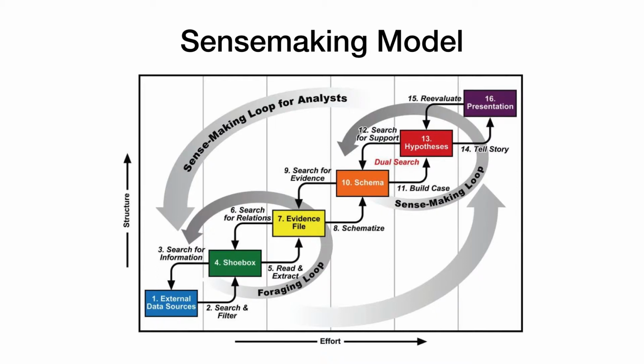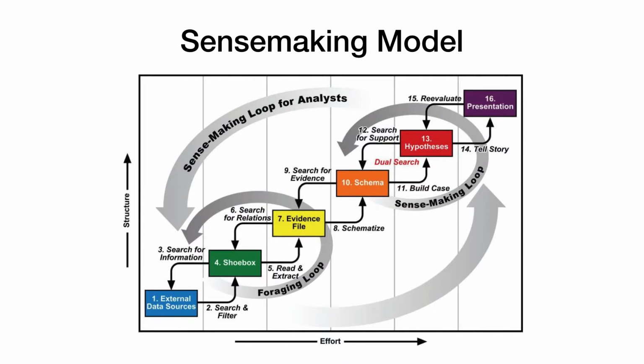The other thing I want to point out is the axes in this model. The x-axis represents the amount of effort required. So it starts from the external resources, which involve search and filter, requiring fairly little effort, to the actions on the right, such as forming hypotheses and doing the presentation. These require much more effort.